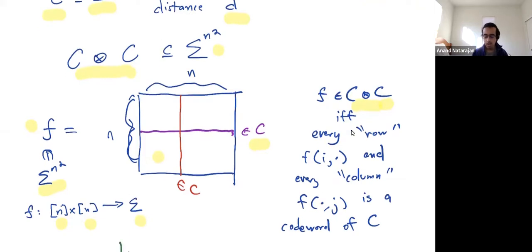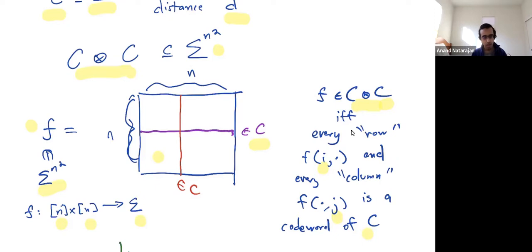Then our condition that every row and column are code words of C is basically saying that if I take the function f and fix either the row coordinate or the column coordinate to be some value, then the resulting function of a single variable is itself a member of C. I think of it again as an n-dimensional vector over sigma, and that should be a member of C. Okay, so that's the basic definition of a tensor code.